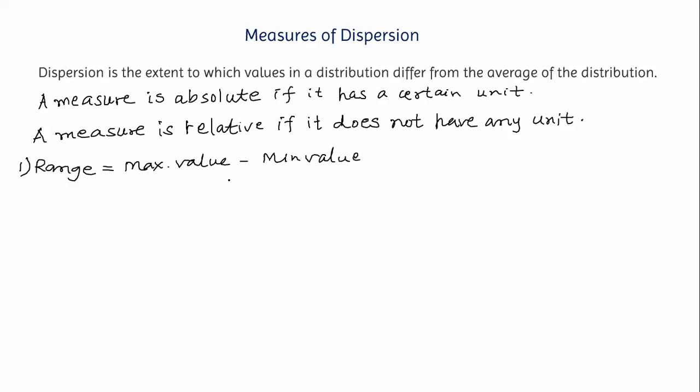Suppose 100 kilogram is maximum value, 40 kilogram is minimum value, then 100 kilogram minus 40 kilogram is equal to 60 kilogram. It has some unit and hence it is an absolute measure.